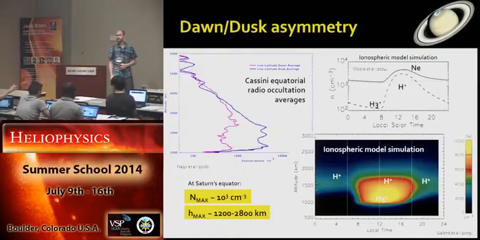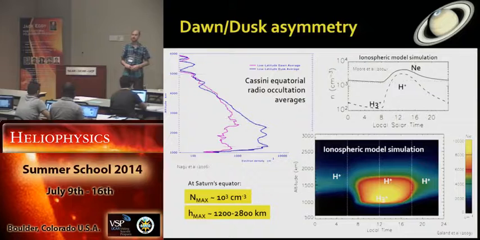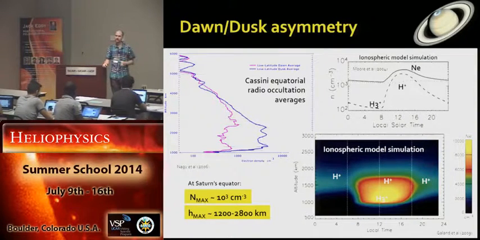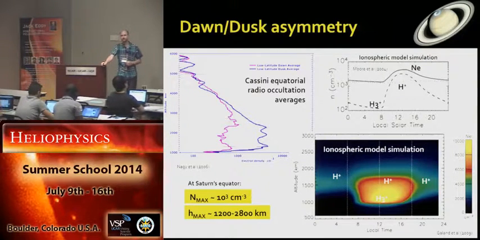So you might be able to imagine that the difficulty there, I would say, is we don't have measurements of the ion species per se most of the time.